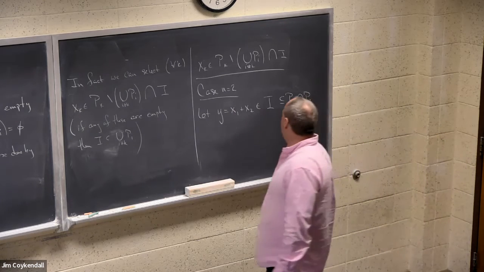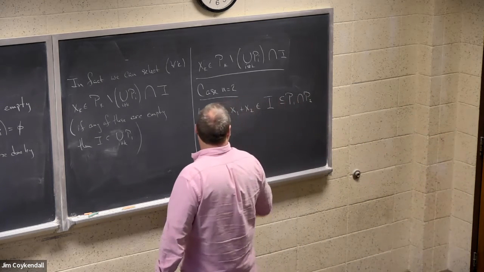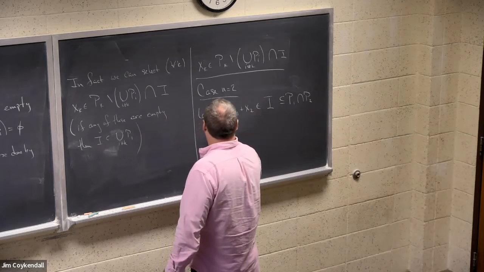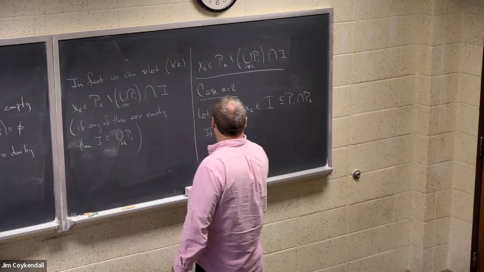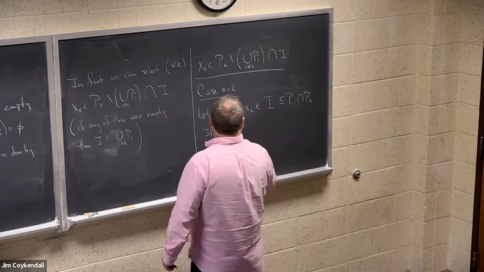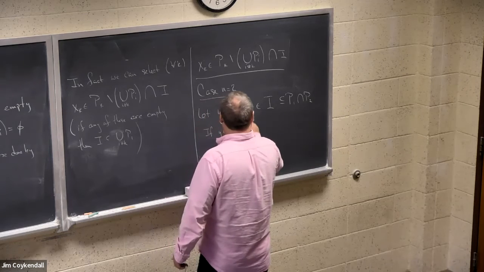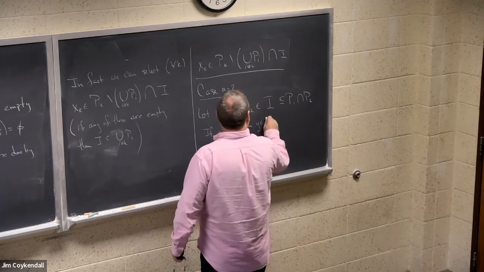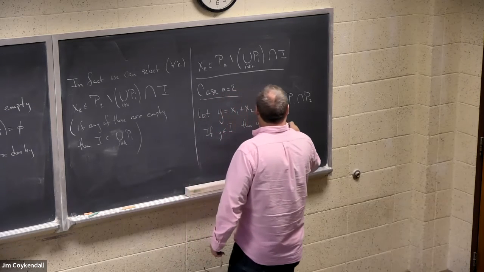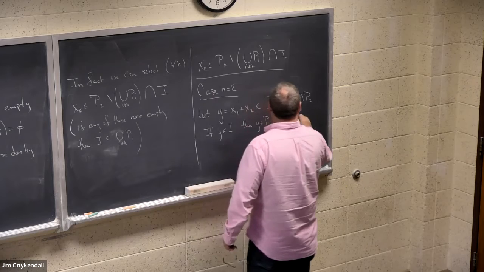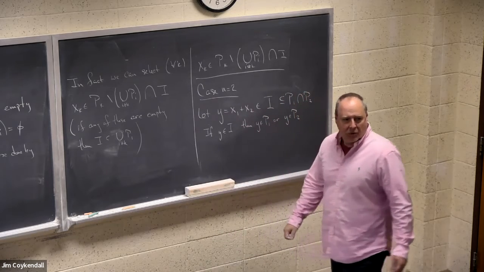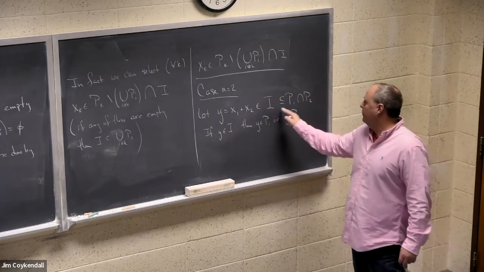Now, here's the problem. If y is in I, then y is in P1 or y is in P2, correct? Because I is assumed to be contained in the union.